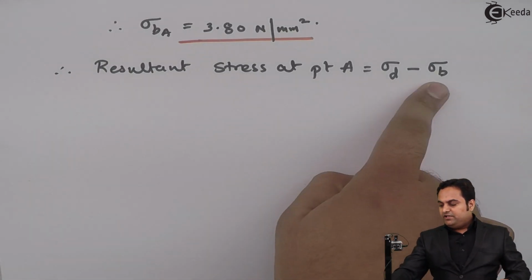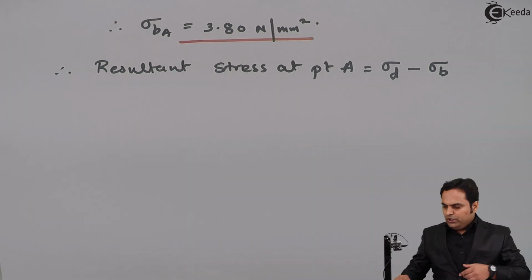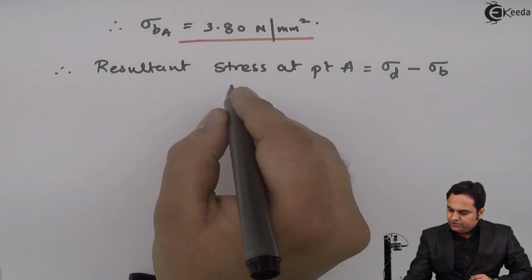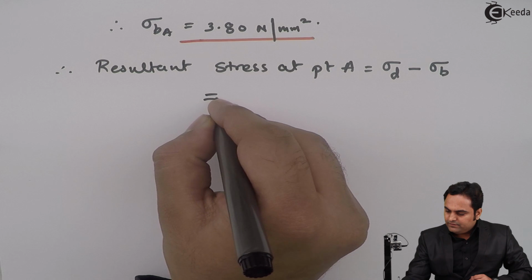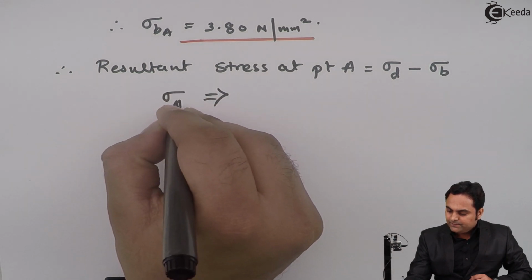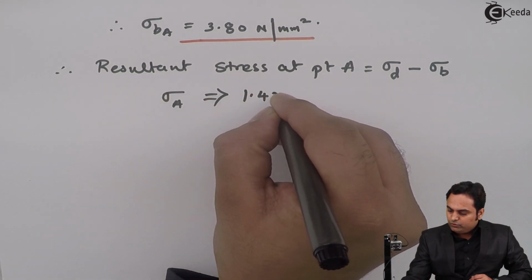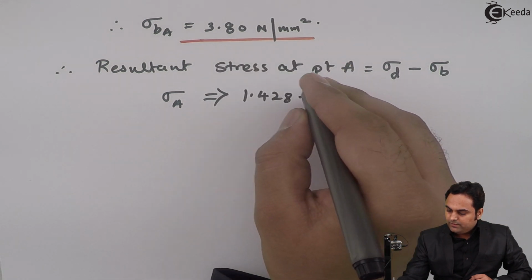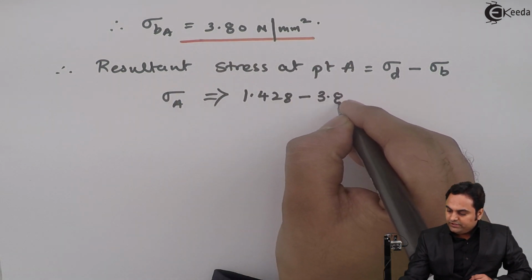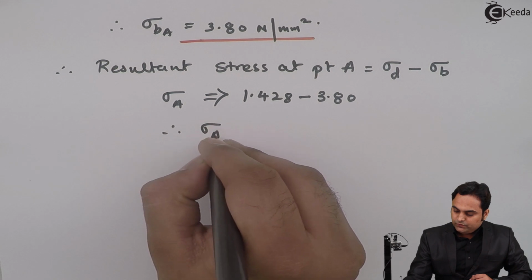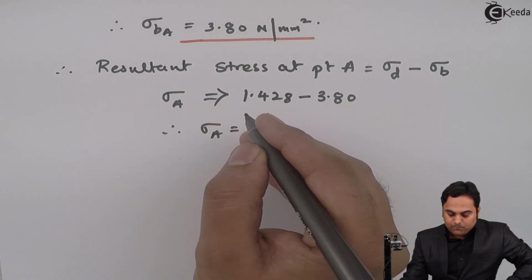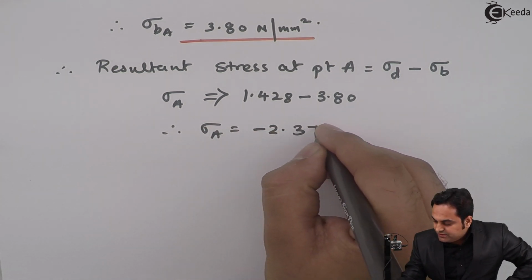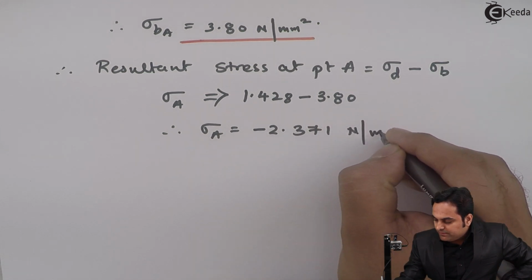So it is sigma D minus sigma B. Therefore, the resultant stress at A is equal to sigma D 1.428 minus sigma B A 3.80, so the value comes out to be minus 2.371 Newton per mm square.